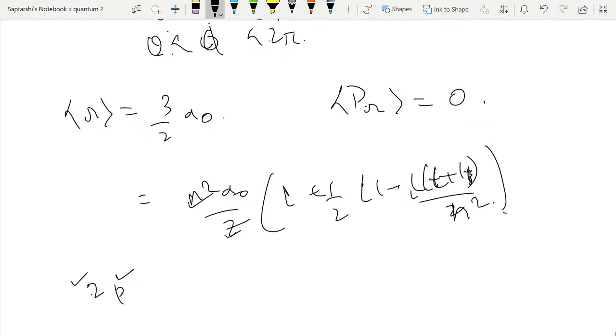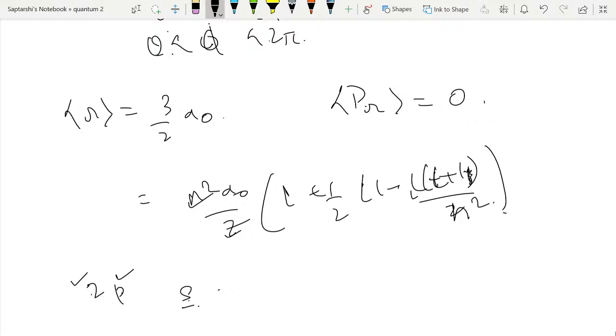It's not an easy thing to remember, but that is what it is. For any s orbital, L equals 0.